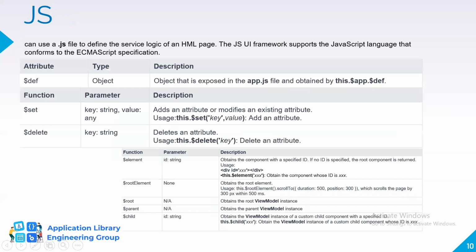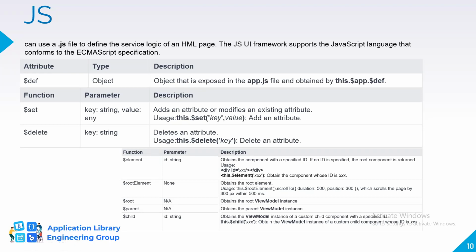Okay, so there are some inbuilt attributes which are provided by our SDK, which we can use to get some details. For example, $def is used to get the application level app.js object.